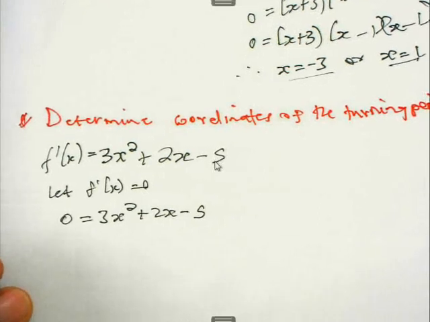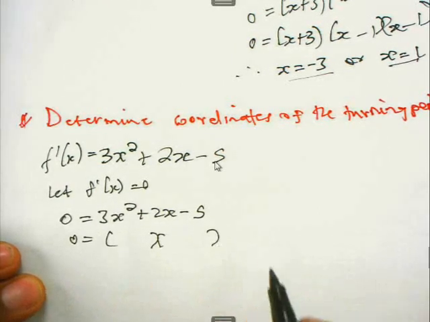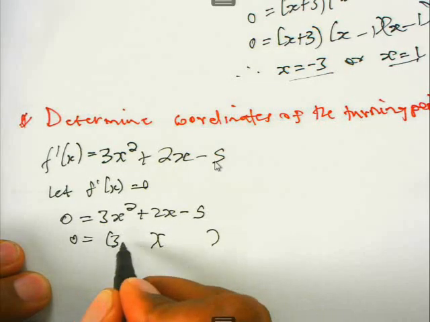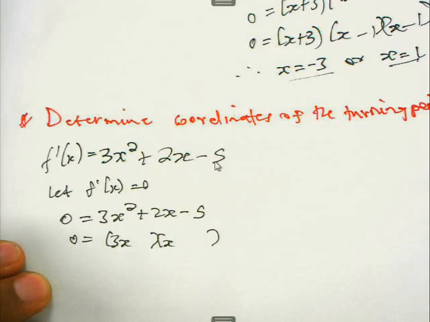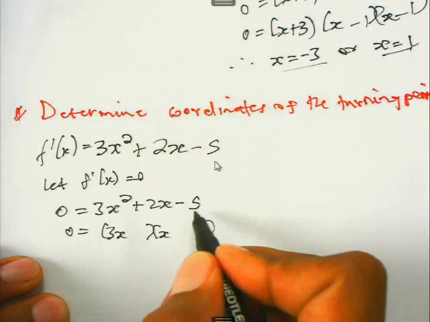Is that great? Good. And now from here you say 0 is equal to, we open the brackets, and now we say, okay, what are the factors of 3x squared? That will be 3x multiplied by what? Multiplied by x. Yes, that's where we must start. Right. We have minus 5 here.